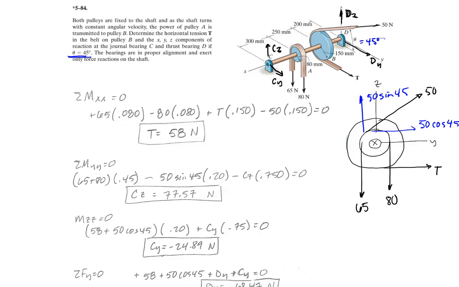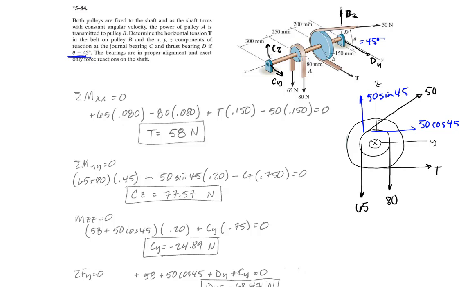To find the reactions here, we need to sum the moments about the axes. Let's sum moments about the y-axis first. In this case, D goes through the y-axis. This is parallel to the y-axis, and this component is also parallel to the y-axis.